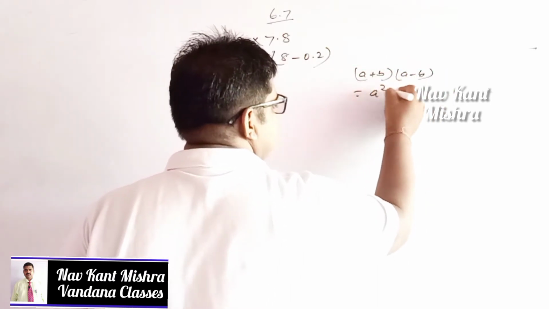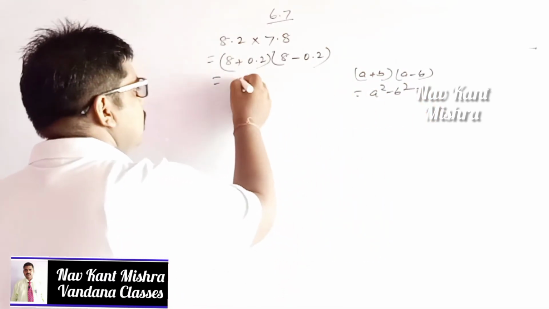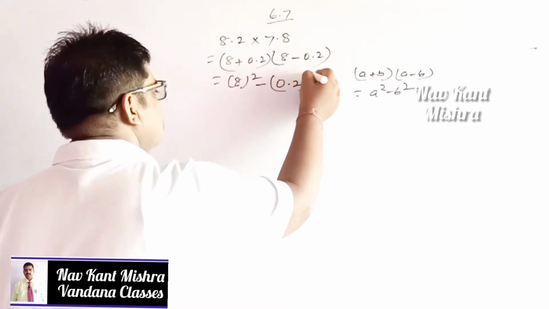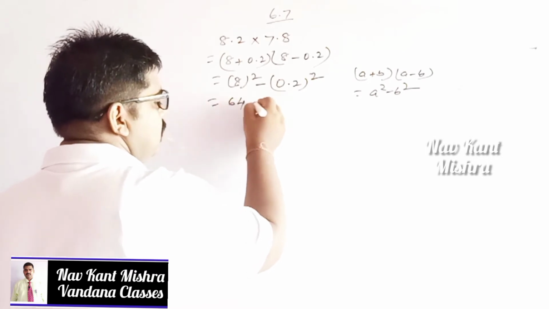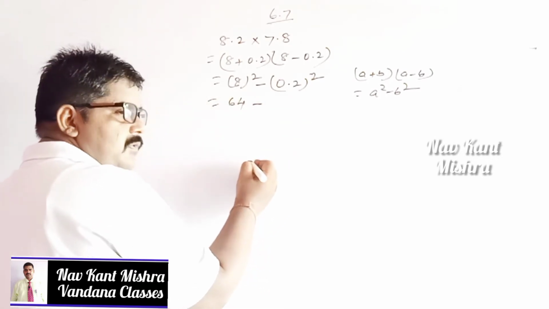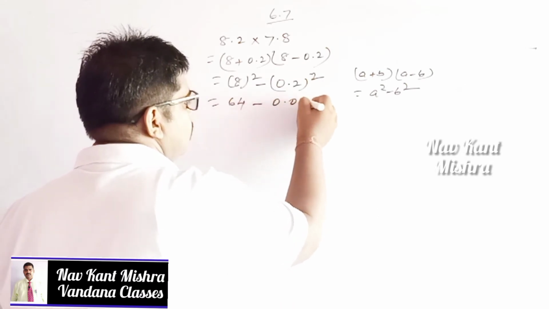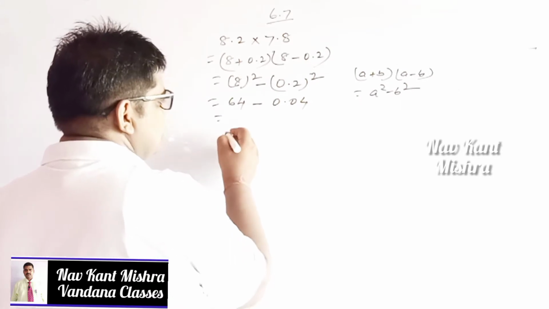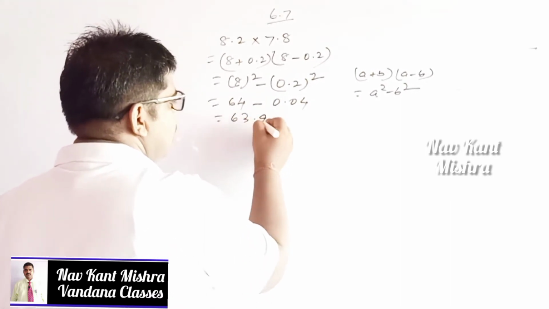It can be written as a square minus b square, so it can be written as 8 square minus 0.2 whole square. 8 square is equal to 64 minus 0.2 whole square can be written as 0.04, and on subtraction you get 63.96.